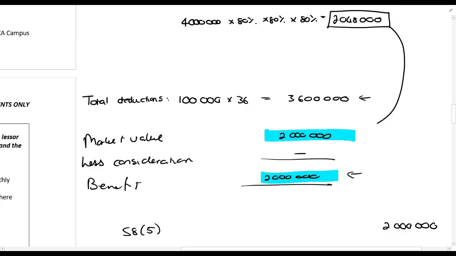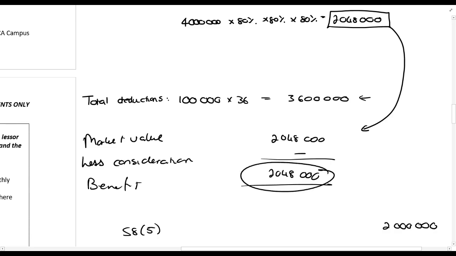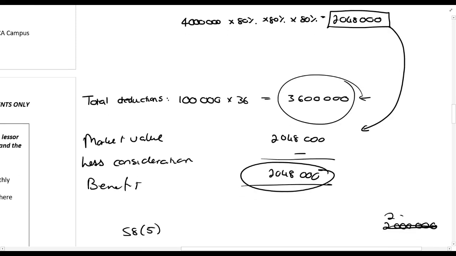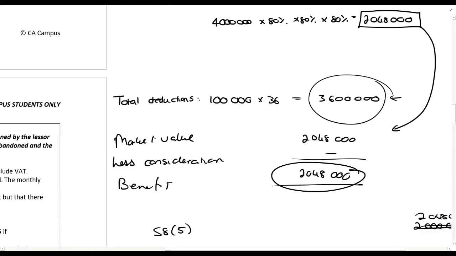That is the amount that you then use as your market value in this calculation that we keep doing. 2.048. So the benefit is 2.048. The maximum that we can be taxed on is 3.6 million. So our benefit is 2.048. And that is the only thing that you need to understand, guys, about this market value. If you don't have it, you must be able to calculate it.